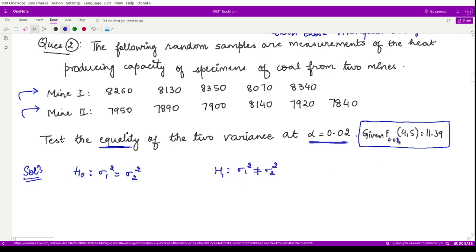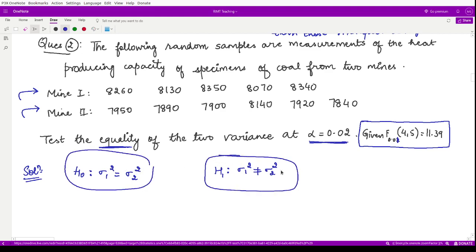Now because we wanted to test the equality of two variances, this is our null hypothesis and this is our alternative hypothesis, and because of this, it is a two-tailed test.